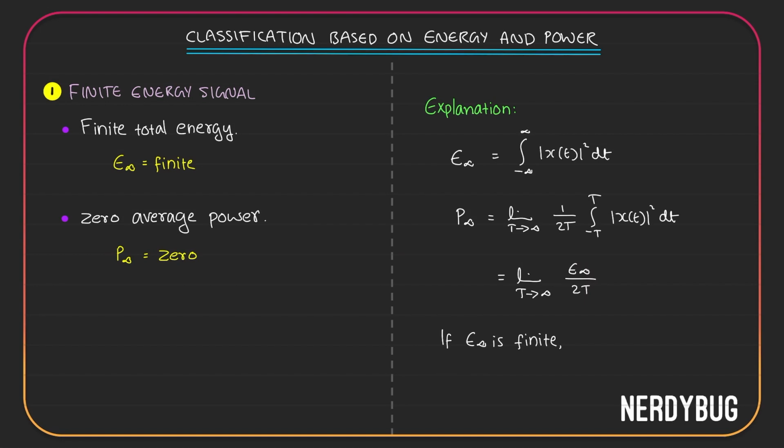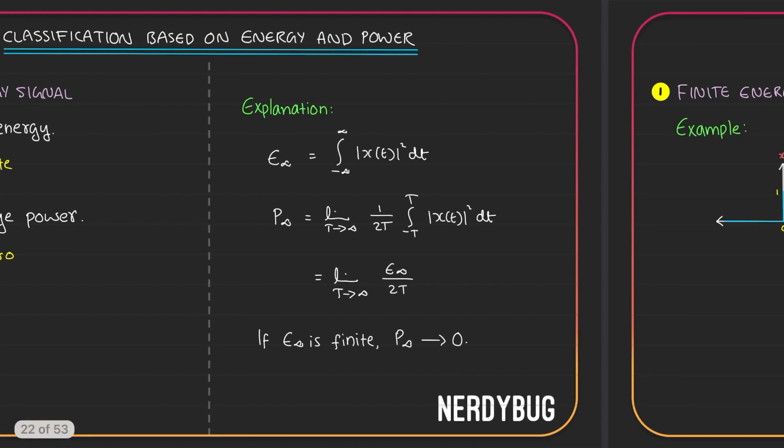Let's say it is 6. 6 divided by 2 times t, with t tending to infinity, means this whole thing tends to become 0. So we can say P infinity tends to become 0 in this case. So for every finite energy signal, its energy is going to be finite and its power is going to be 0.